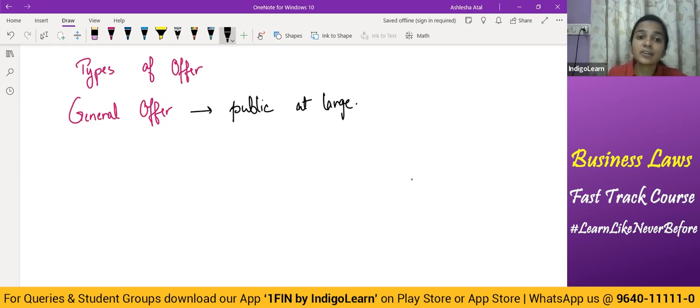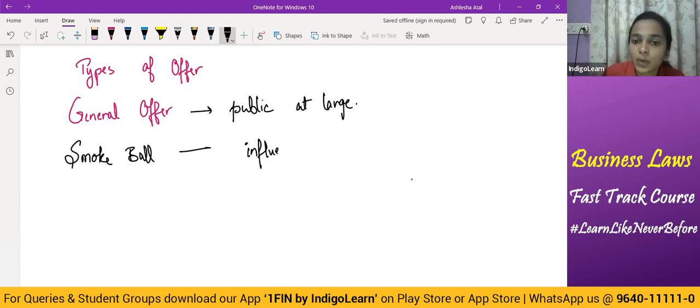Now the case law here for general offer is Carlill versus Carbolic Smoke Ball Company. The Carbolic Smoke Ball Company made smoke balls, and they claimed that anyone who uses these smoke balls as per our instructions will not contract influenza. There was some influenza going around during that time.